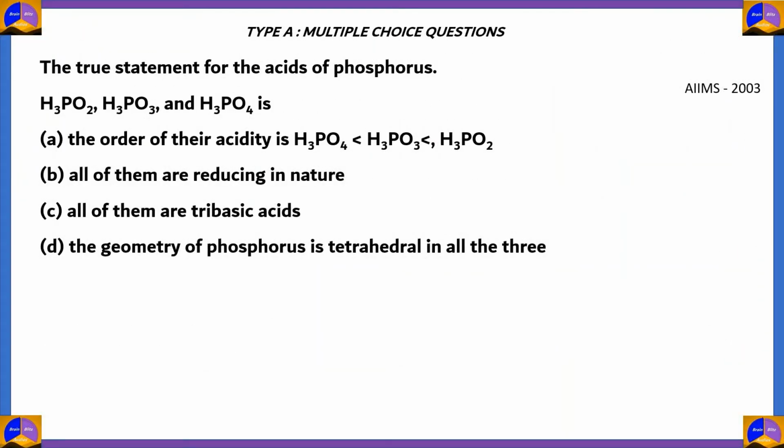Now, we have to find out the true statement for the acids of phosphorus. In this case, H3PO2, hypophosphorous acid, H3PO3, phosphorous acid, and H3PO4, orthophosphoric acid.